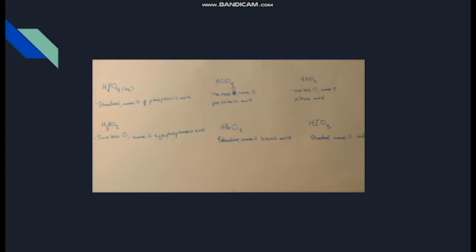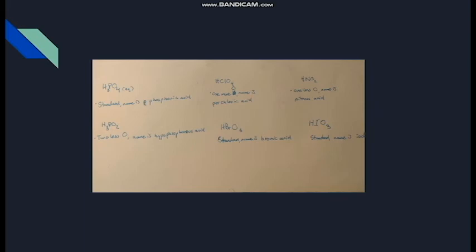When we're naming polyatomic acids, we are going to be using similar rules to before. So we're going to be naming it phosphoric acid in this situation here. Now, HClO4. There's going to be one more oxygen than the regular ClO3, regular chlorate. So this is going to be perchloric acid because we have one more oxygen.